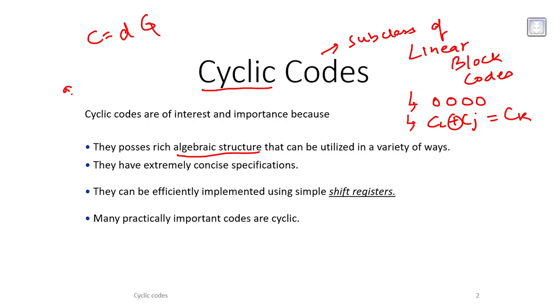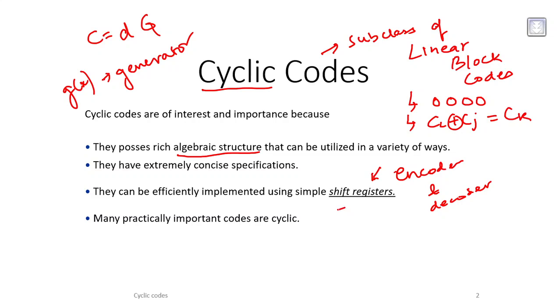That means we will be using a generator polynomial instead of a matrix. And the second thing is for the encoder and decoder, we will be using shift registers plus mod 2 adders. Okay, so that will make our work go easy.